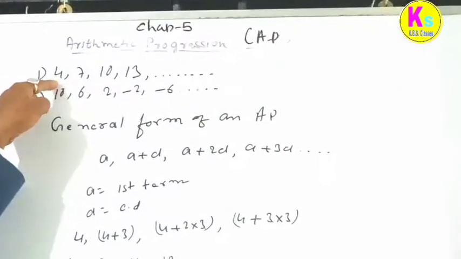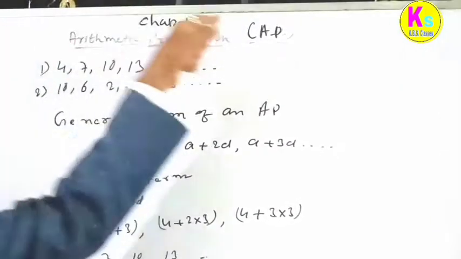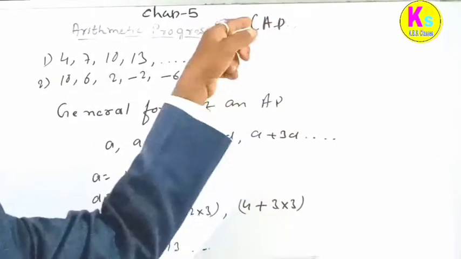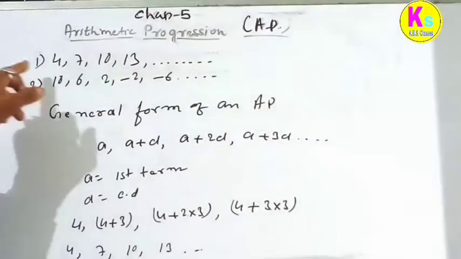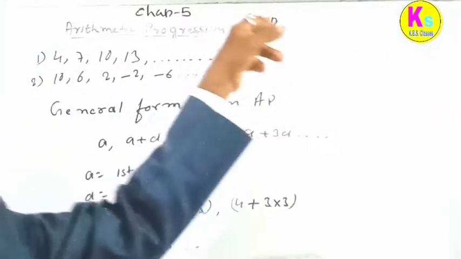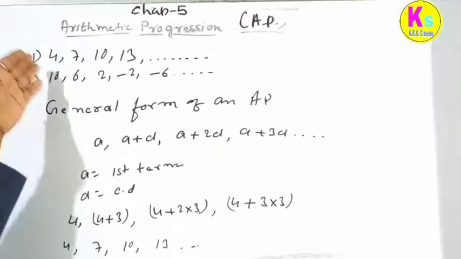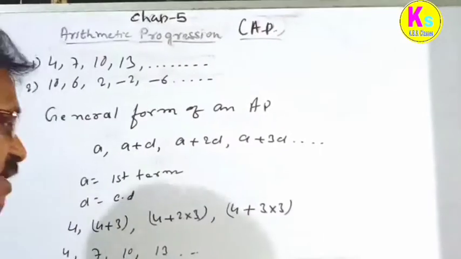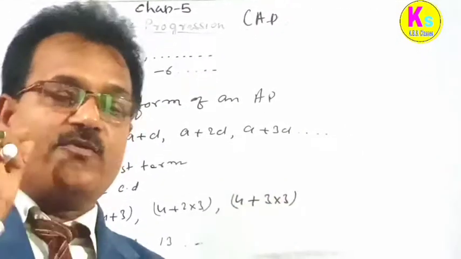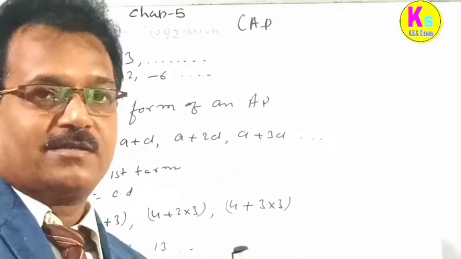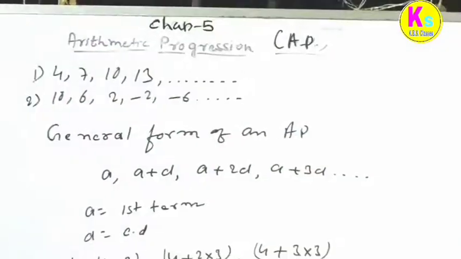So we don't know what its starting point and its end point are. We have no idea what the first term and the last term are. Actually we have started from 4. So the first term means from where you are starting. This is the first term.